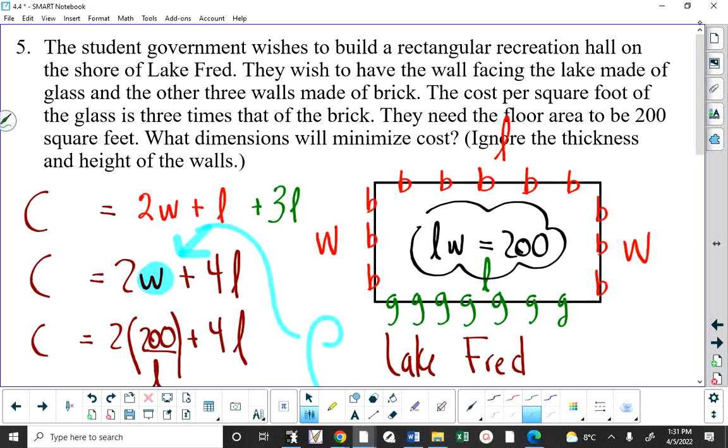You would, yeah, if they were to cost the same, then what we would have had here would be perimeter equals 2W plus 2L. I'll give you an extreme situation. What if the glass was a million times more expensive than the brick? Then you understand that you want to start to make that glass smaller to minimize the cost.